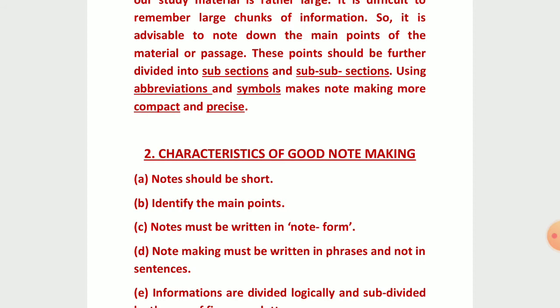Using abbreviations and symbols makes note making more compact and precise. Most important, abbreviations and symbols play a very important role, because they ultimately make it compact and also more precise. Now that is the intro part.